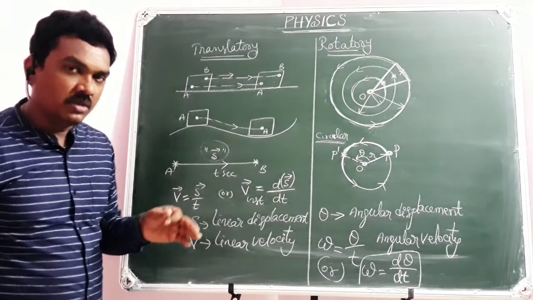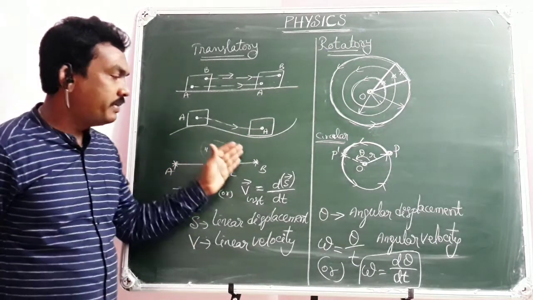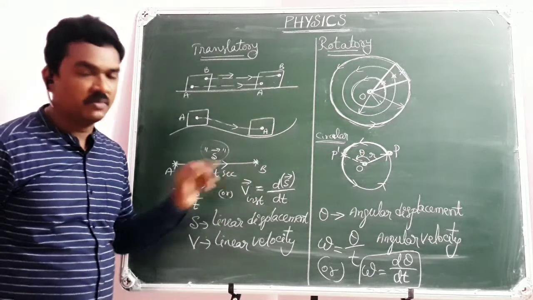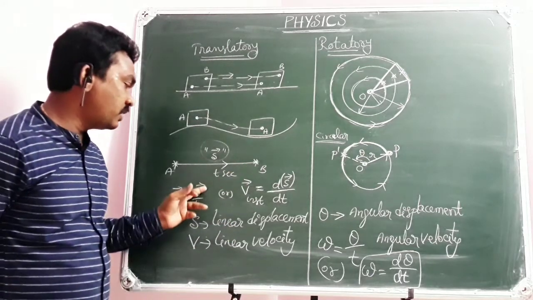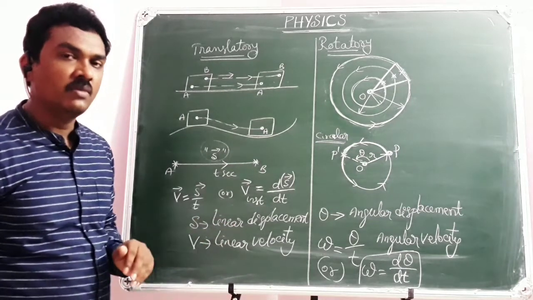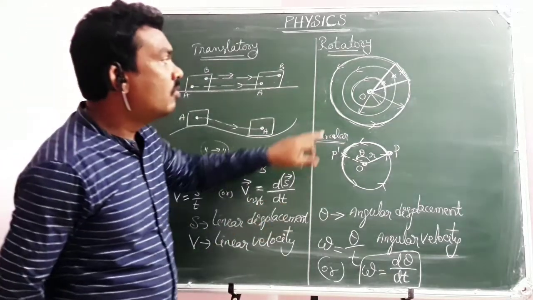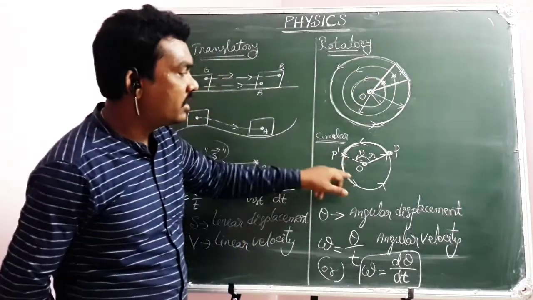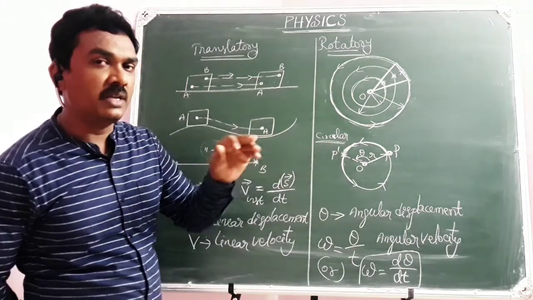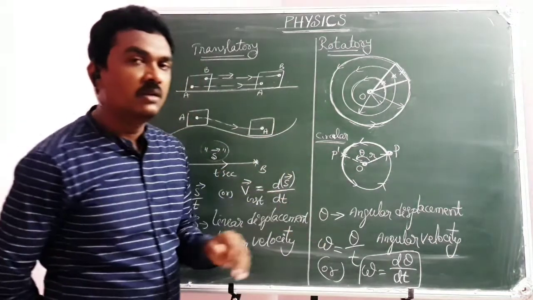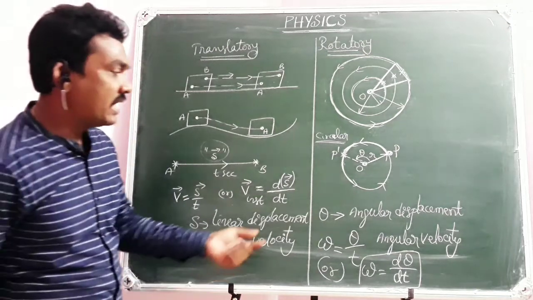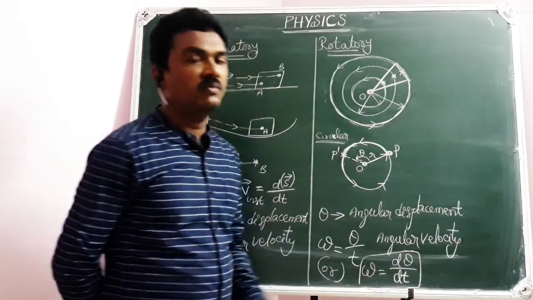In translatory motion, the change in position will be expressed in terms of displacement in a specific direction. Then displacement per unit time will give velocity, which is linear velocity. But when the particle is moving along a curved track around a fixed point, the change in position of the particle can be expressed in terms of angle, whether it has turned 30 degrees or 90 degrees. So it is angular displacement.